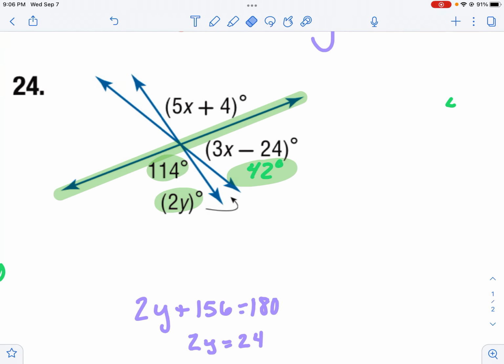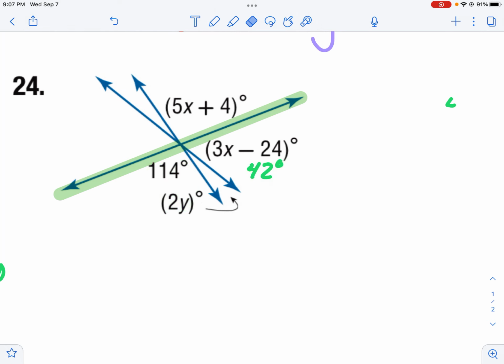Another way to solve this would be to set up two equations. I have two sets of linear pairs. There's one linear pair here. Sorry, wrong lines there.